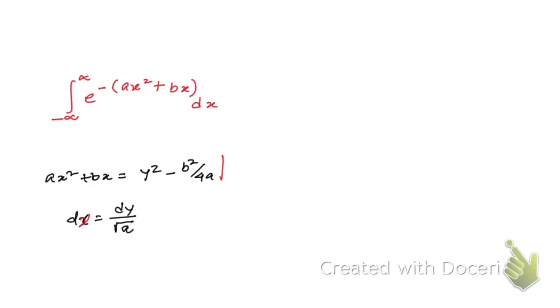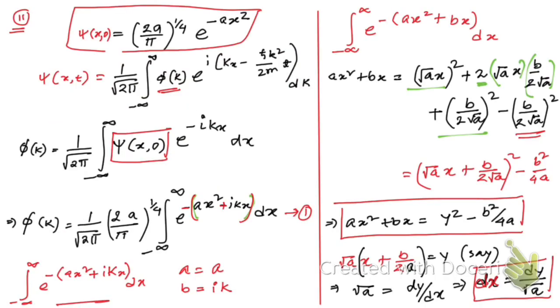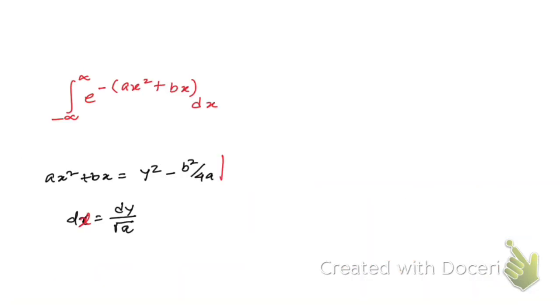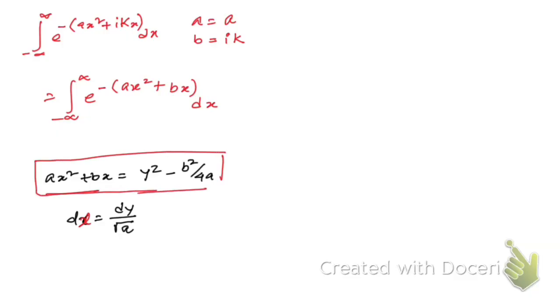So let me copy this one as well. Okay, now you see, originally this integral was this, right? Let me copy this one as well. So this was the integral, here you see. Okay, which can be written in this form, and now this can be written in this form as well, as I have already shown you, right? So this will be minus infinity to plus infinity.